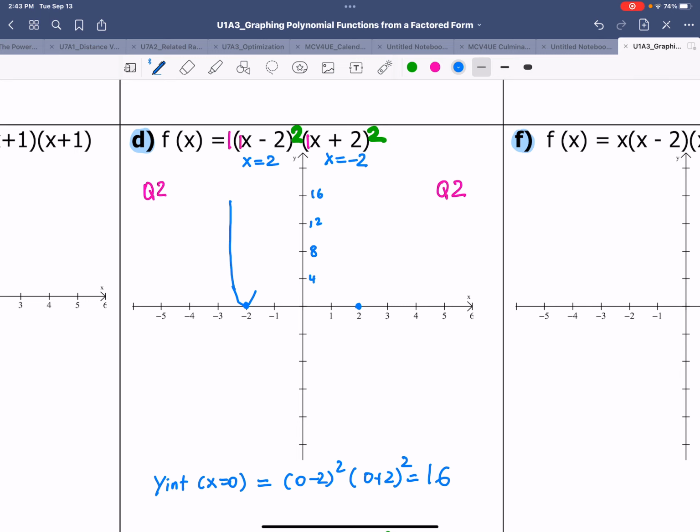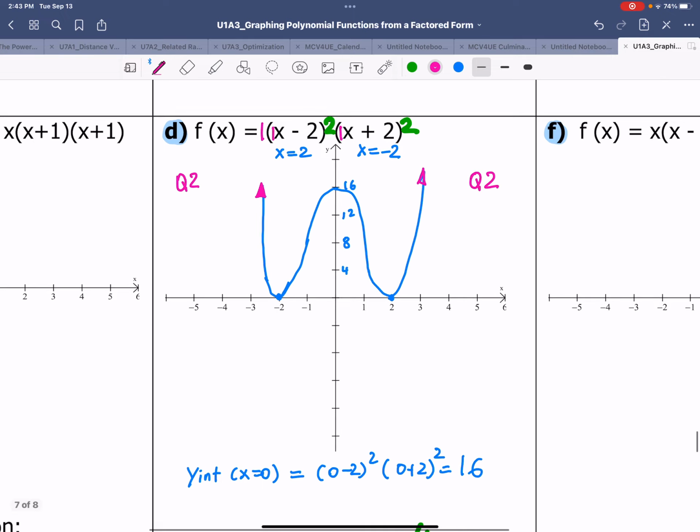And I'm going to say that when I make the turn, I'm going to make sure to hit 16 and then come back again because I need to meet the next root, which is at 2. It's again a double root, so this would be a W-shaped graph. And here are both ends pointing up.